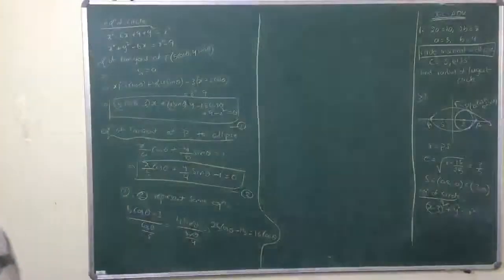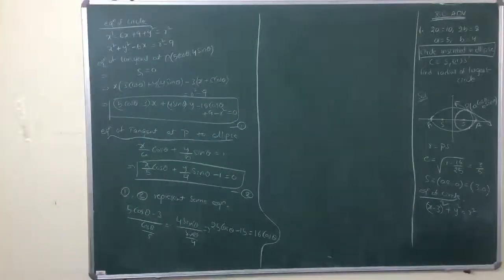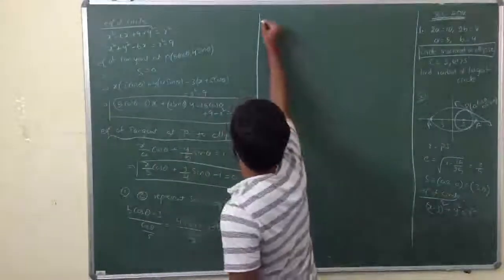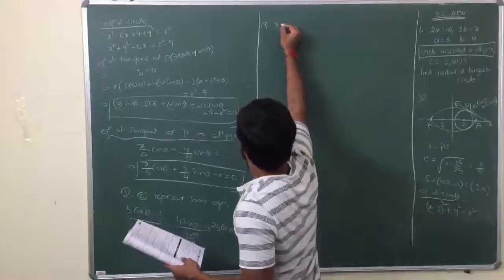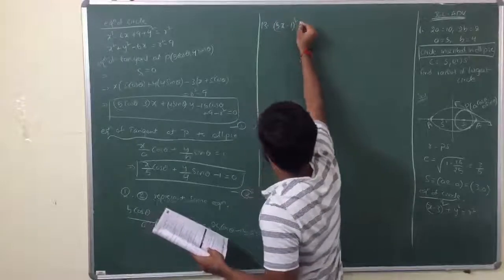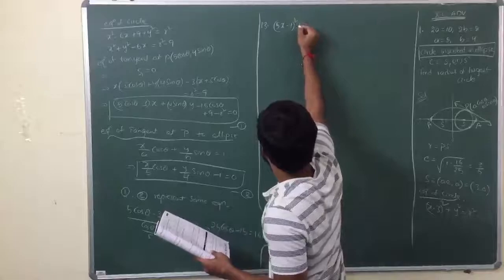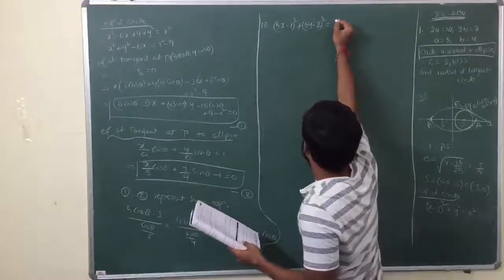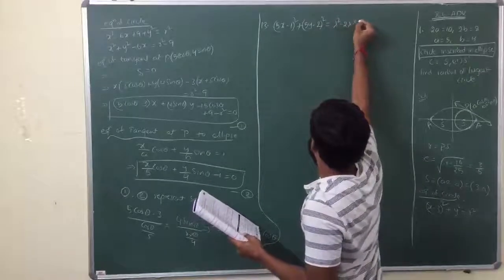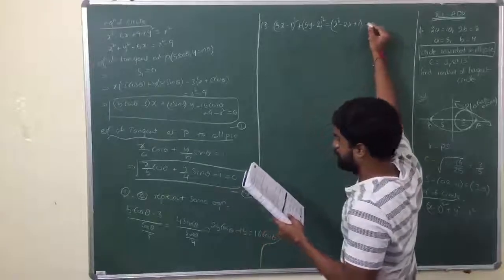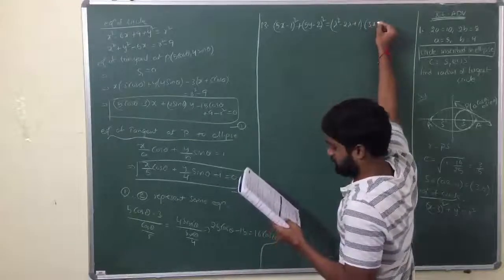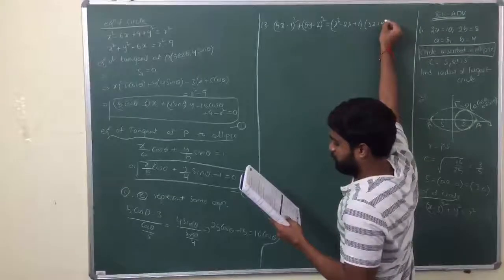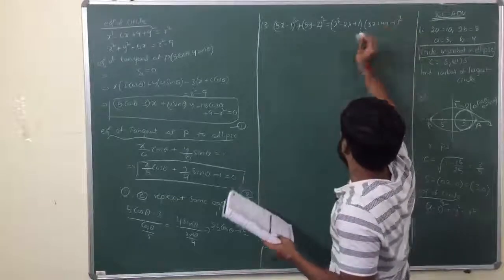Next, question number 13. The equation 5x minus 1 whole square plus 5y minus 2 whole square is equal to lambda square minus 2 lambda plus 1 into 3x plus 4y minus 1 whole square.